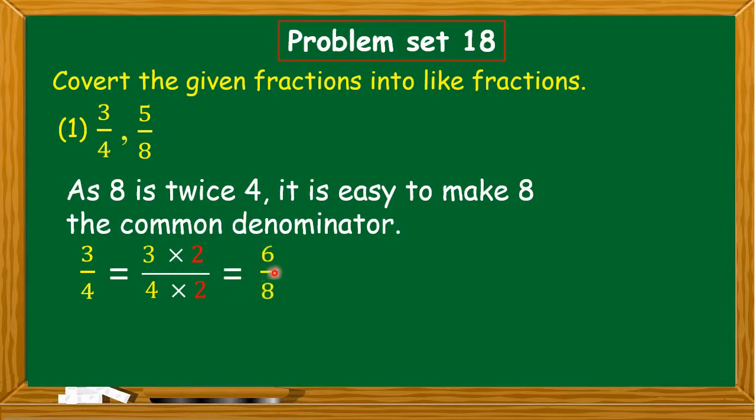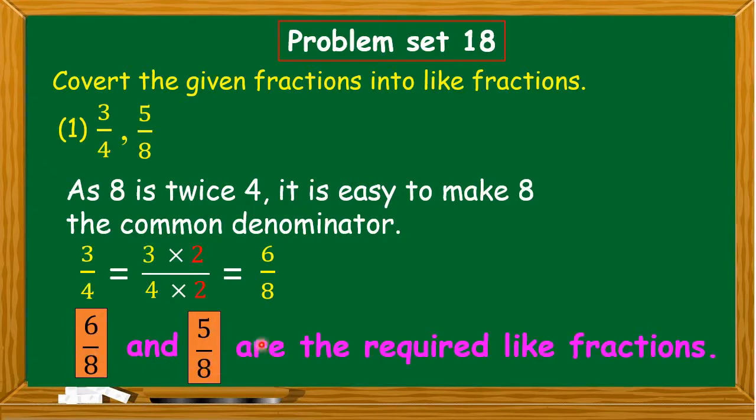So our first fraction 3 upon 4 became 6 upon 8. And our second fraction is 5 upon 8. As you can see, these two fractions have the same denominator, that is 8. So 6 upon 8 and 5 upon 8 are the required like fractions.